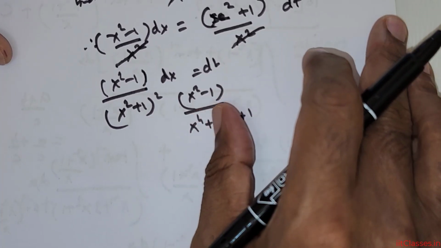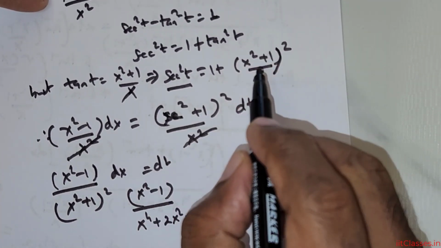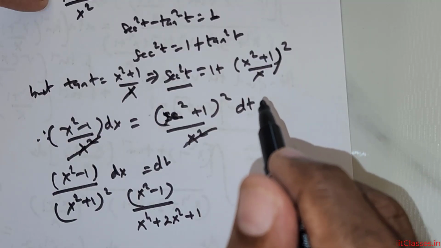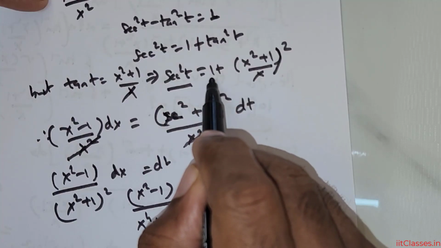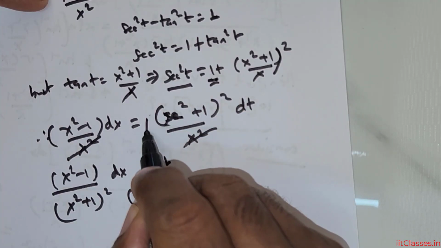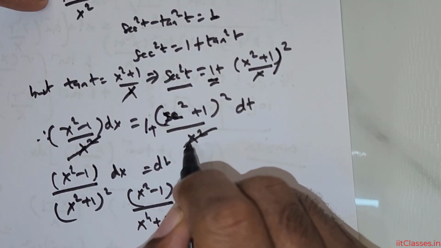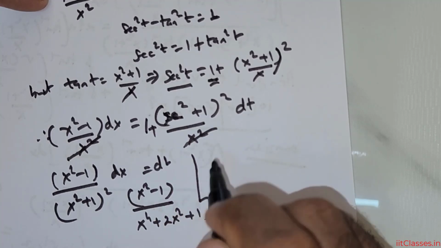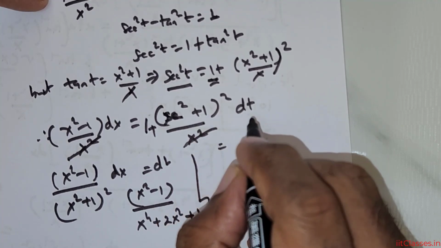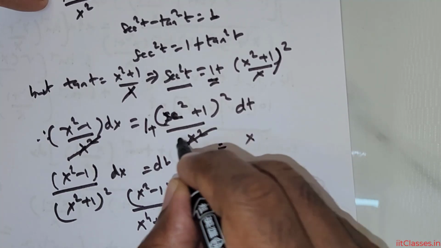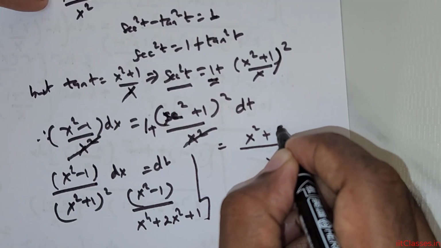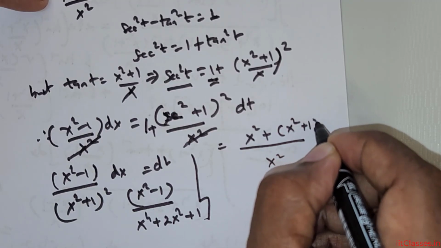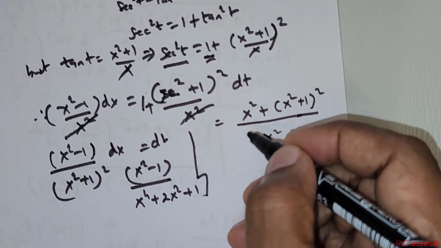But there is one important thing we have missed. What is that? We did not add this 1 here. So there is a 1 over there, but we did not add it, we directly cancelled it out. So what I am going to do is rewrite this with the LCM x²(x² + 1)².